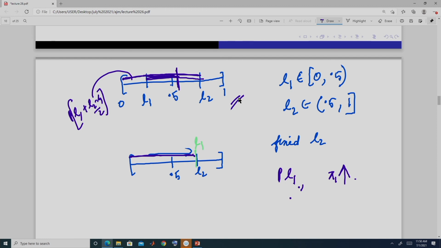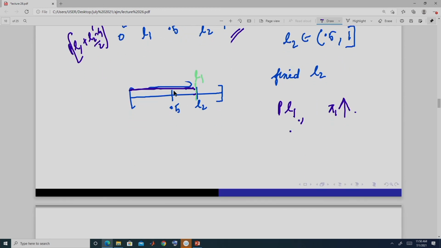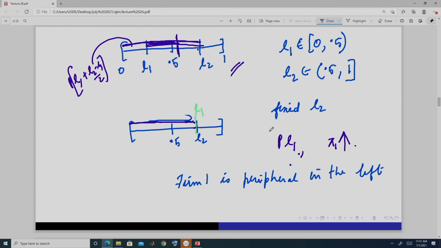If firm 2 chooses this point, firm 1 chooses a point adjacent to it. Why? Because if you look at it from this side, firm 1 is the peripheral firm on the left. There is no firm that is going to lie here.